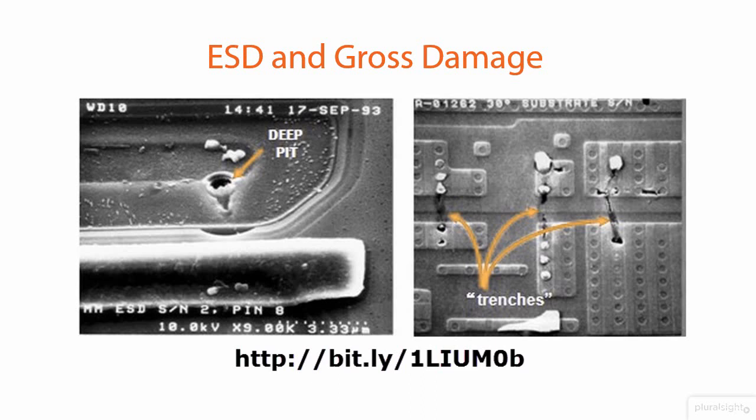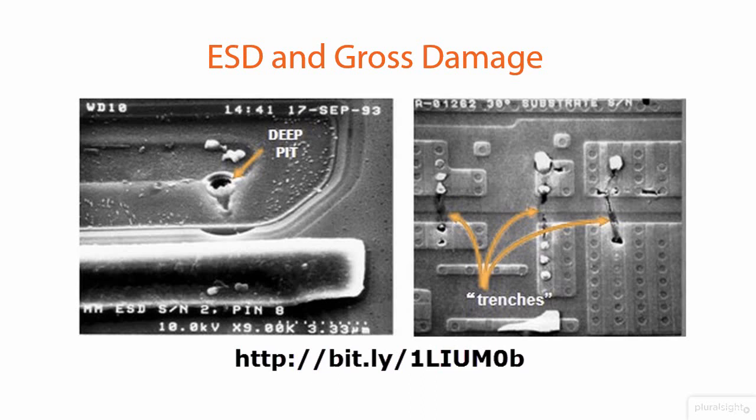So this underscores how crucial it is for you to ground yourself whenever you're working with your computer and troubleshooting, upgrading, or otherwise. These are, I believe, scanning electron micrographs of microelectric components that show actual crater damage from ESD.